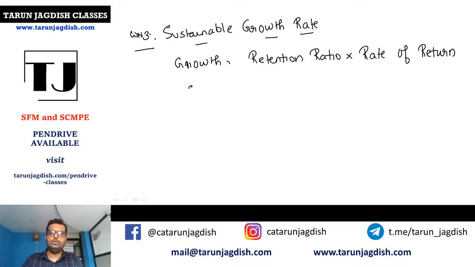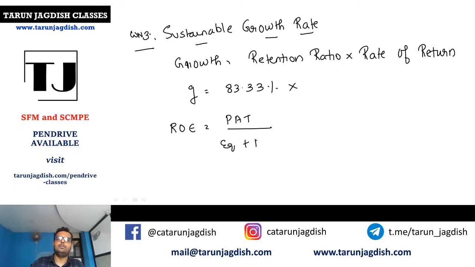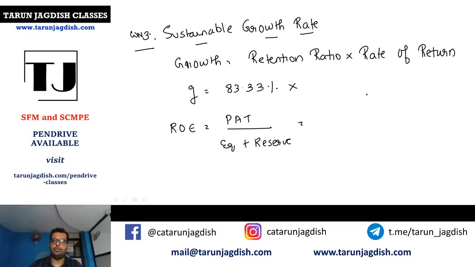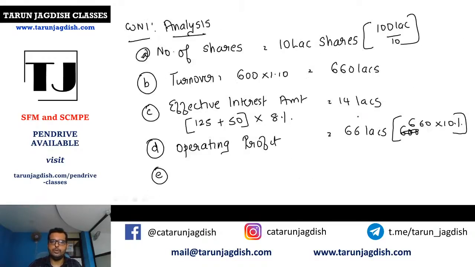Alright. So G will be equal to, if 16.66% is the payout ratio, 83.33% will be the retention ratio. Rate of return is nothing but ROE, that is profit after tax divided by equity plus reserves. So how much was the profit after tax that we got over here? 31.2 divided by how much is the equity plus reserves?